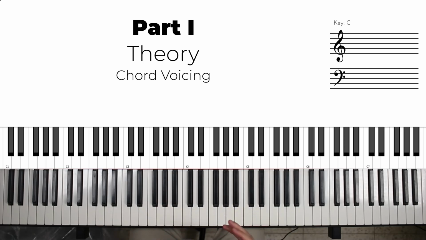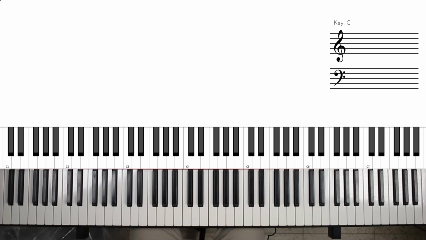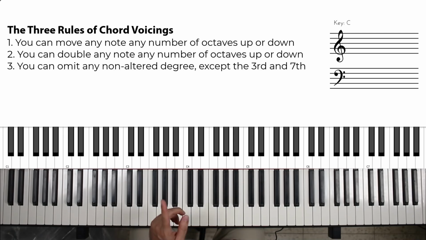Simply put, chord voicings, or just voicing a chord as it's often colloquially called, is a rearrangement, omission, or doubling of chord notes that does not affect the chord quality itself. Now, there are three rules of chord voicings. Rule number 1, you can move any chord note you want, any number of octaves up or down.